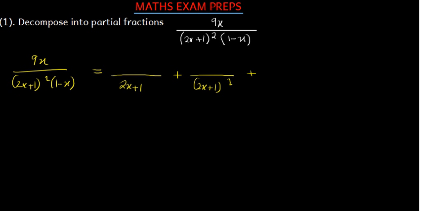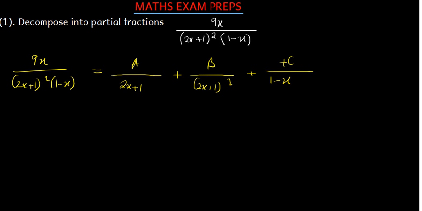And then we also have 1 minus x. Because all these are linear factors, just that is repeated, that's why I've written it 2 times, because of this squared repeated linear factor. We're going to put A on top, B there, and then C there.